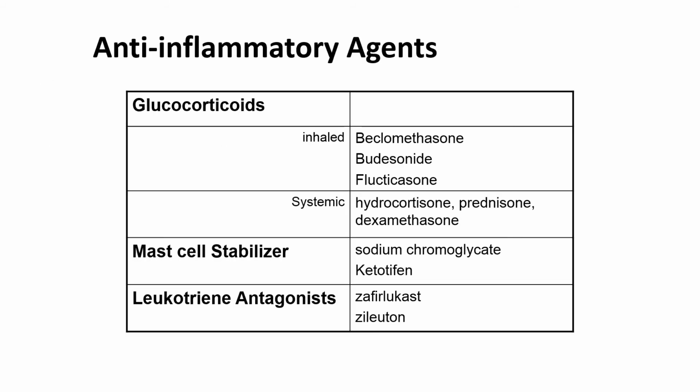Now we have discussed bronchodilators. Now let us move on to the second segment of this class, and in this segment we will discuss anti-inflammatory agents, and the important ones are the leukotriene antagonists such as zafirlukast, montelukast, mast cell stabilizers such as sodium cromoglycate, and most important are the corticosteroids such as inhaled corticosteroids or the systemic corticosteroids.